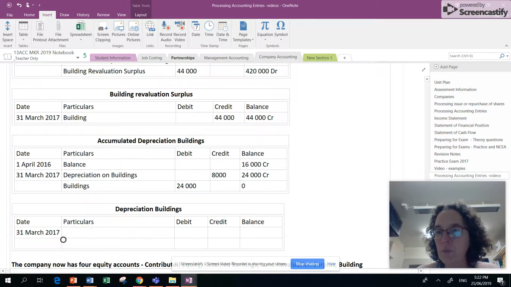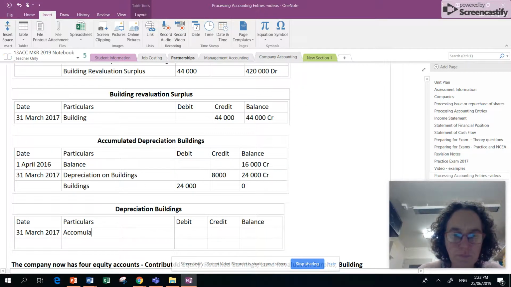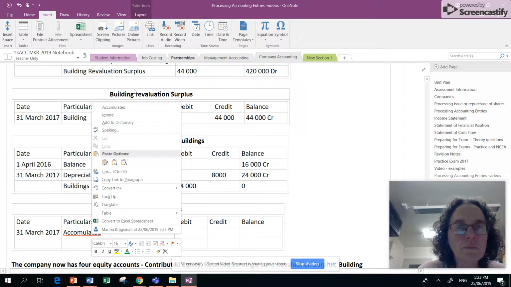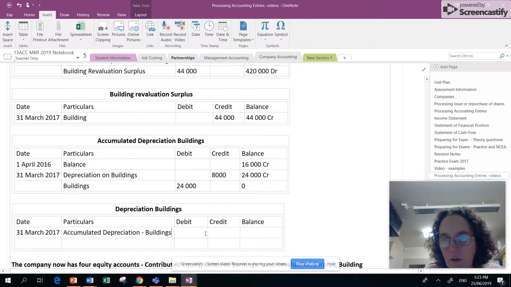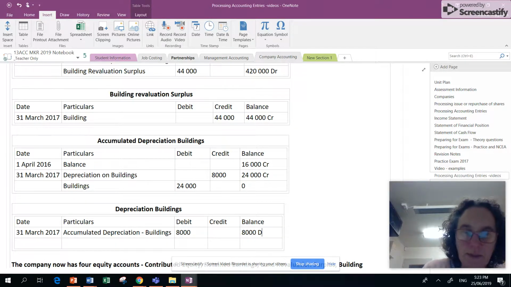The last thing we have to record is the depreciation. We're going to have the depreciation for this year for buildings, and it is going to be a debit of $8,000, a debit balance, not a credit balance.